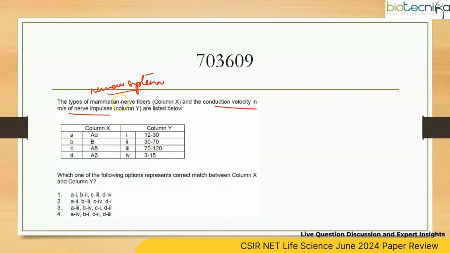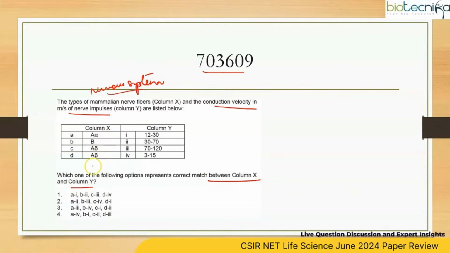They have asked this type of question before as well, which is why it's very important that we solve previous year question papers. So you can say it's a factual question. Which of the following options represents the correct match between column X and column Y?